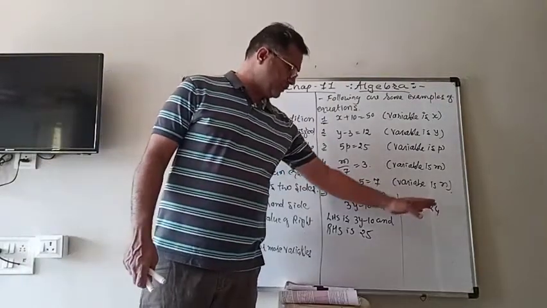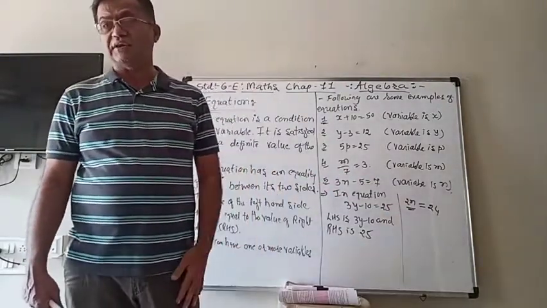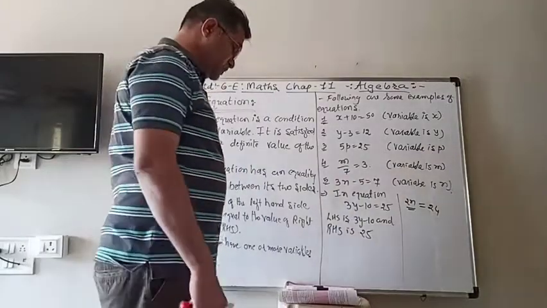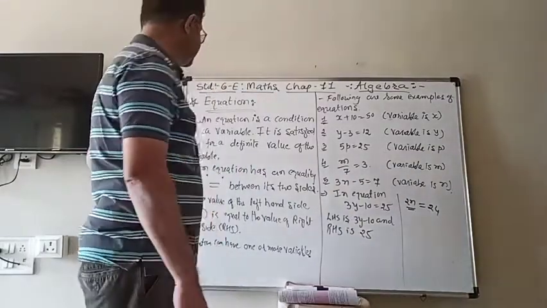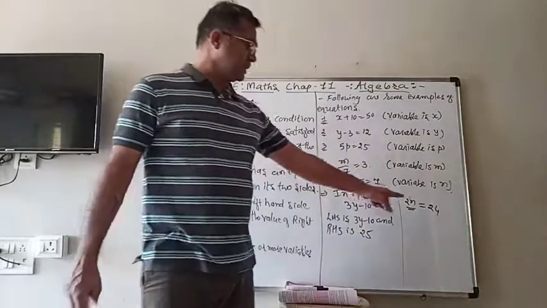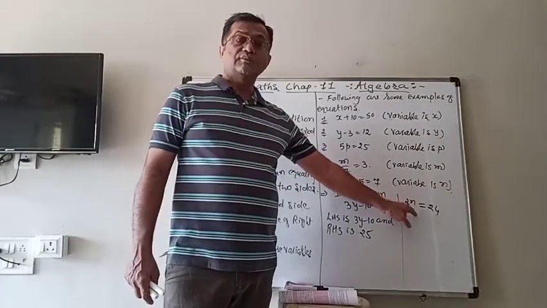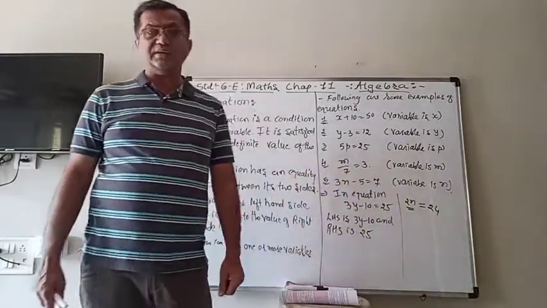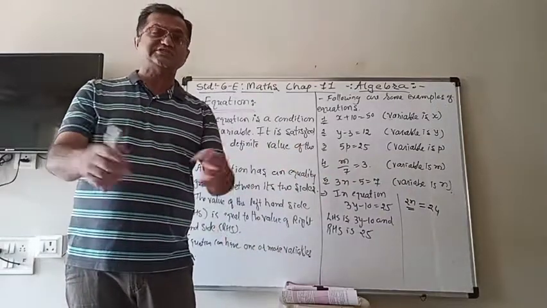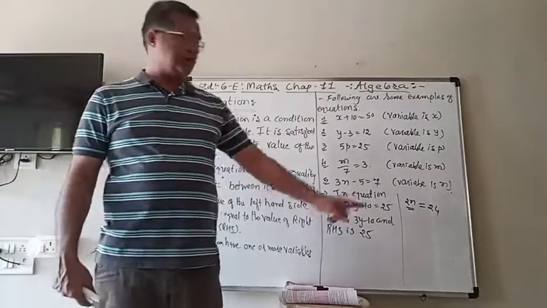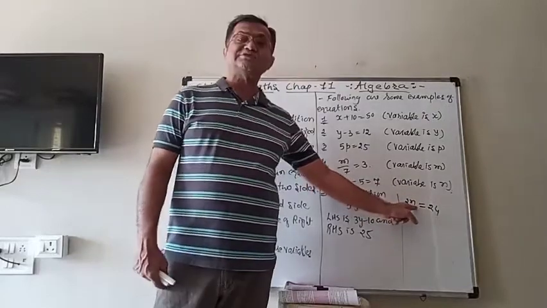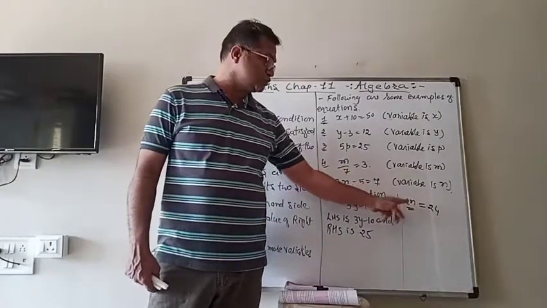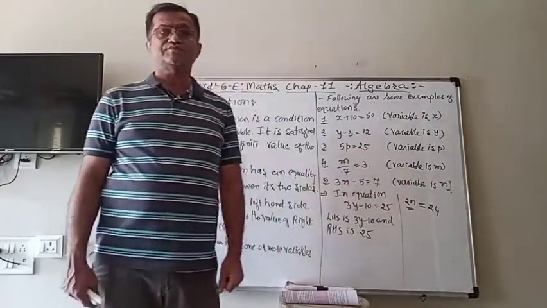That type of situation, where a condition is given, is known as an equation. And now you can see for which value of n both sides will be equal. Here n must be 12, because 2 twelves are 24.